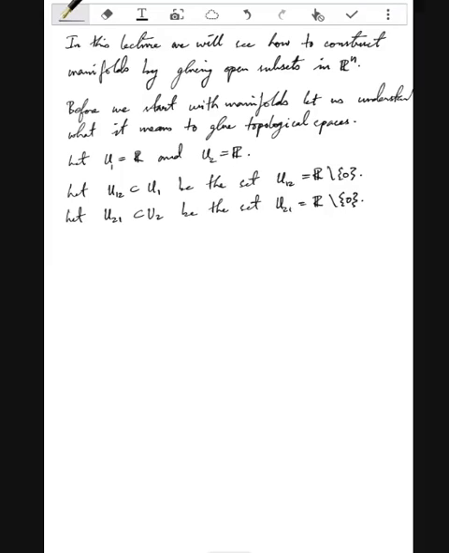So let phi12 from U12 to U21 be the map t goes to 1 upon t. Then phi12 is a homeomorphism.